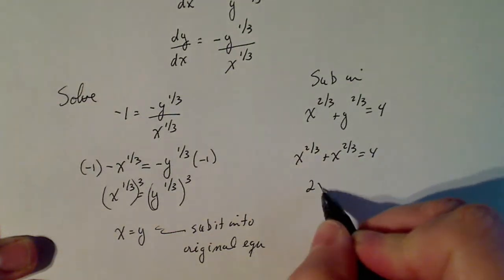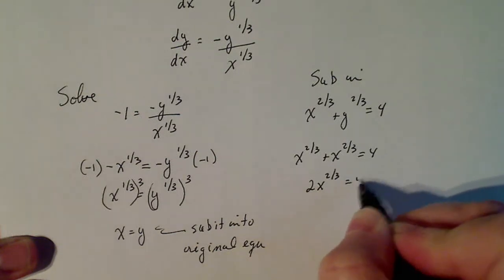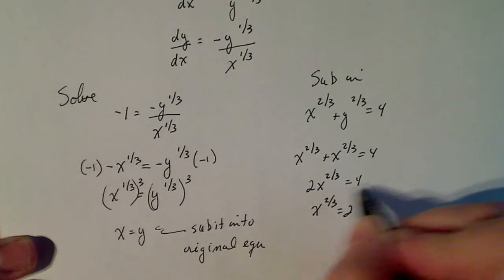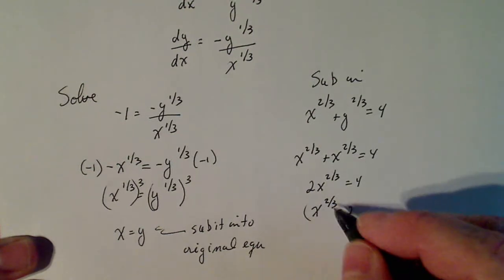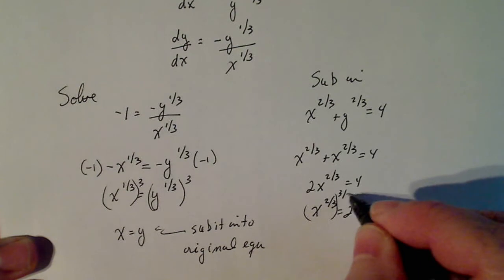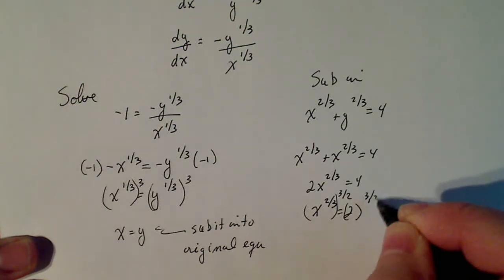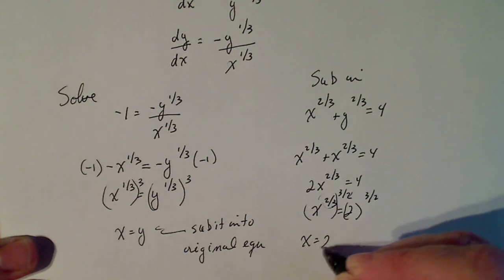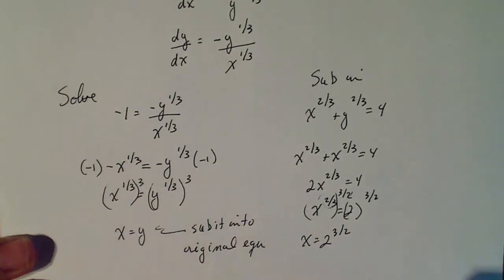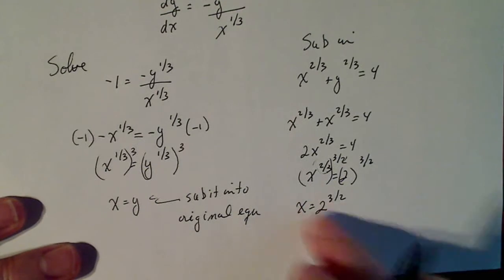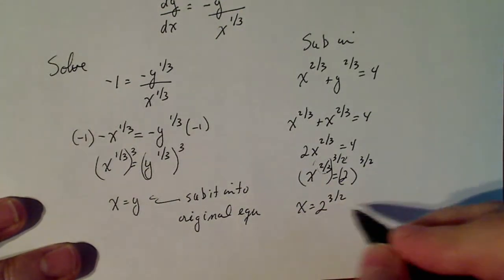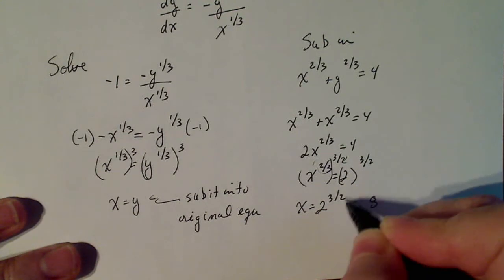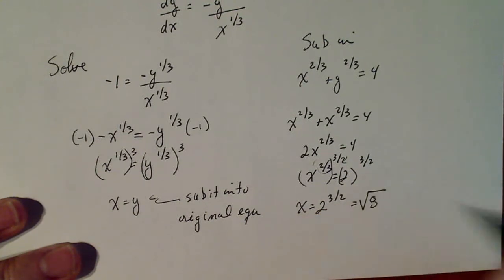So I have 2x to the 2/3 equals 4, x to the 2/3 equals 2, dividing both sides by 2. Raise both sides to the power of 3/2. That cancels this out to 1. So I have x to the first equals 2 to the 3/2. And if you do this, 2 to the 3rd is 8, but this power puts the square root over the top of it.